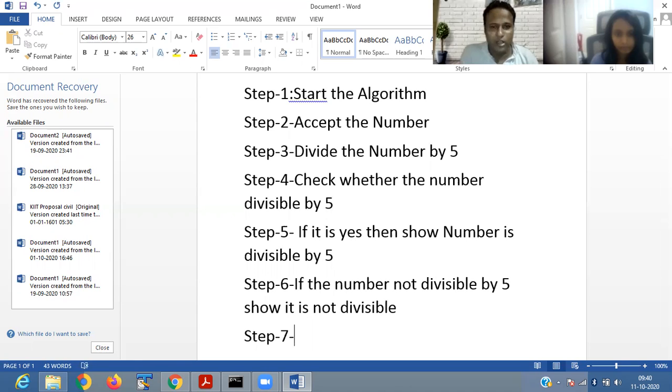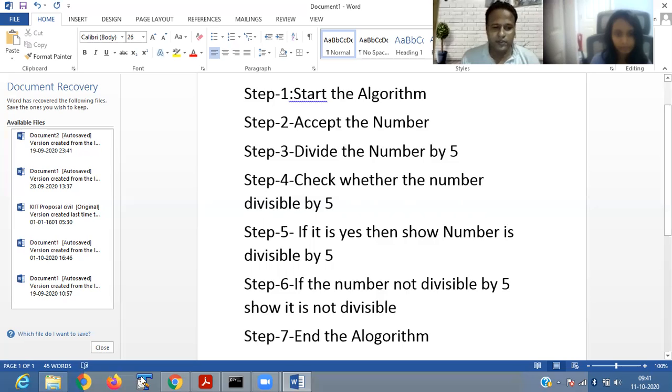So in the algorithm, all the things we have written, you have to write end algorithm. Yes, good. Got it? Yes, I have got it.